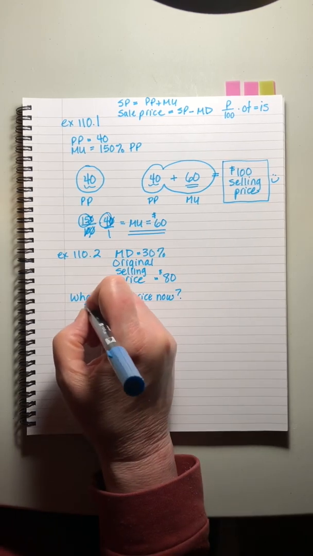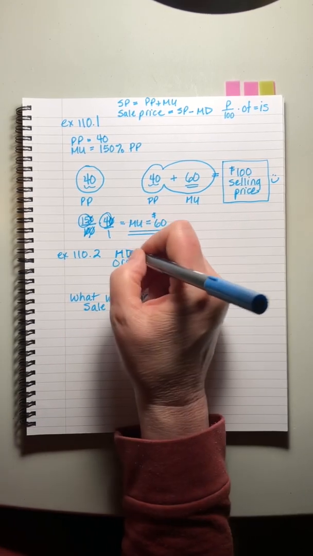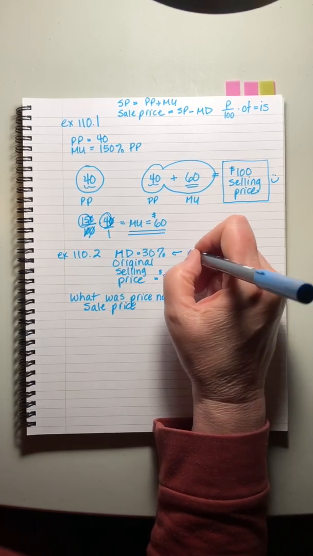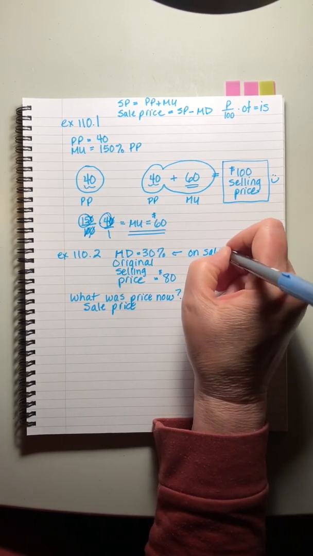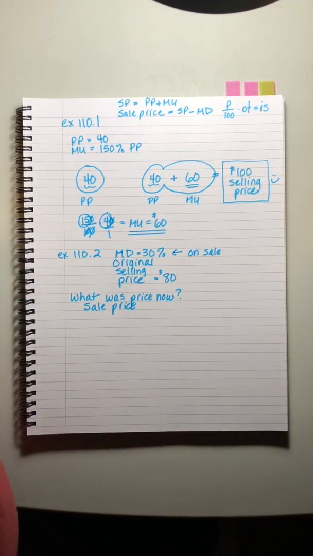And we call that the sale price because the item's on sale, right? As soon as you see markdown, that tells you that it's on sale. Okay, and that tells us we're in this scenario.